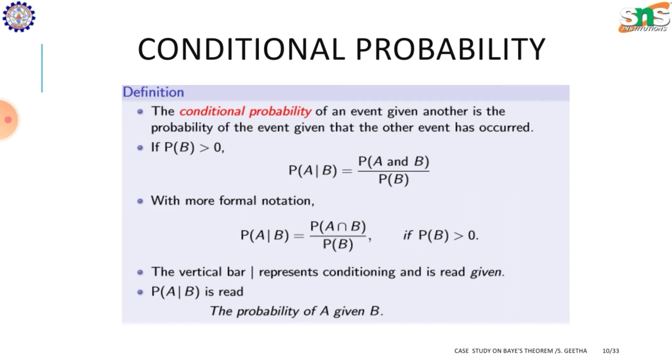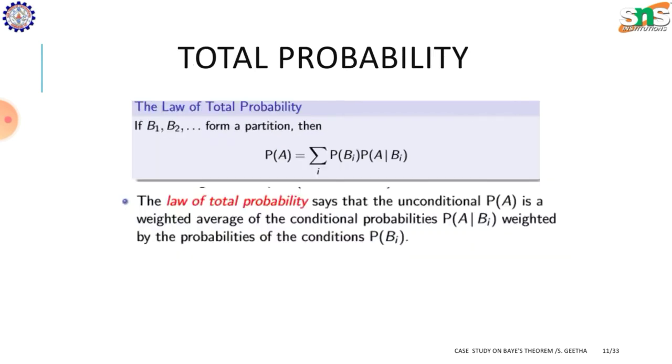With more formal notation, P of A given B is equal to P of A intersection B divided by P of B, if P of B is greater than 0. The vertical bar represents the conditioning and is read as given. So, P of A given B is read as the probability of A given B. Next, total probability.